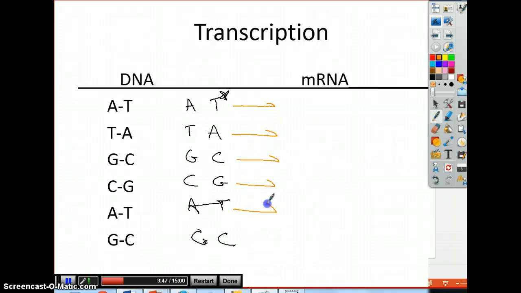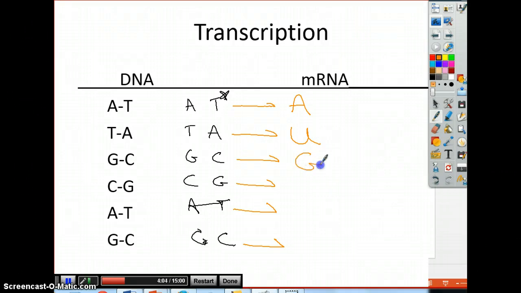RNA is one-stranded, not two-stranded, because we're only using one side of the DNA. With the messenger RNA, T becomes A. A's become U's. RNA cannot make the T.